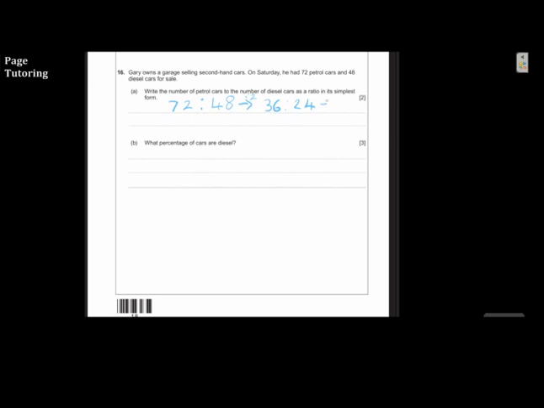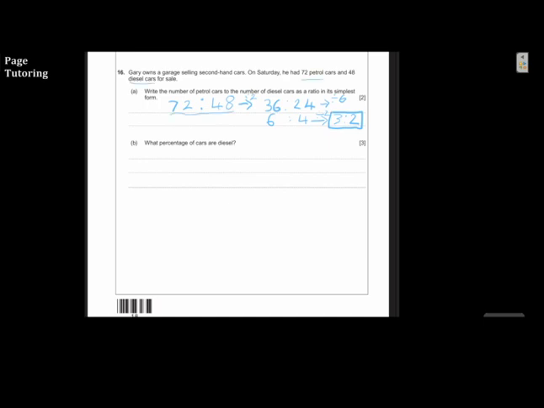Okay, well now I could divide by 6. So I get 4 here, and I get 6 here. And I'm going to divide by 2 again, and then I'm going to get 3 to 2. That is the simplest form.